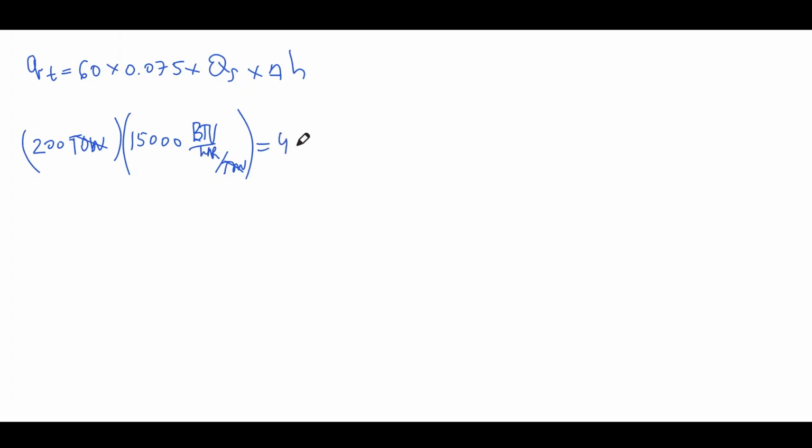60 multiplied by 0.075 gives us 4.5. Multiplied by CFM. Multiplied by our change in enthalpy, which is 49.6 minus 31.2 BTU per pound of dry air.